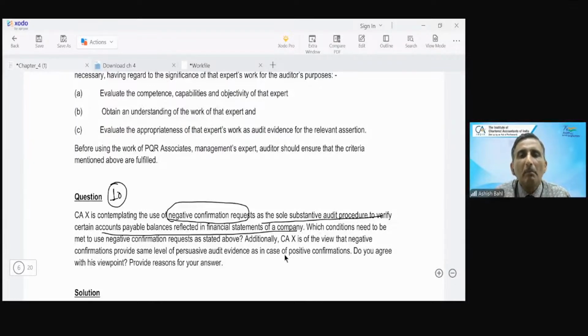What do we mean by positive confirmation request and what do we mean by negative confirmation request as per SA 505? Yes, students, waiting for your responses.